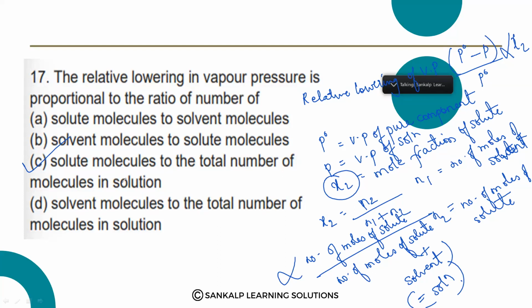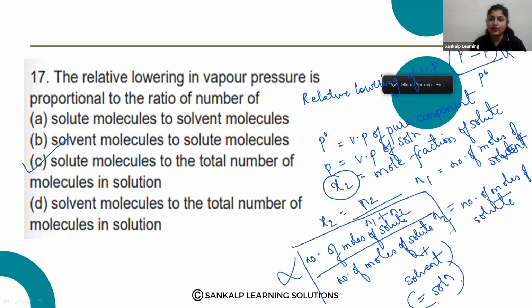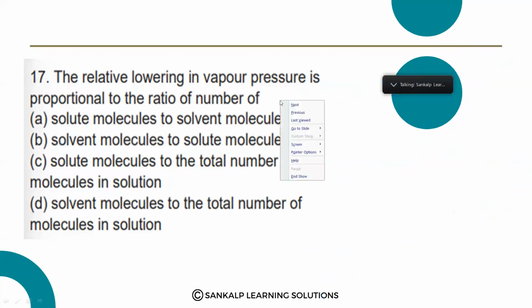So according to the formula, relative lowering of vapor pressure is directly proportional to the mole fraction, the number of moles of solute divided by the total number of moles of solute plus solvent, which is the solution. So C is the correct option, right? We'll go for the next question.